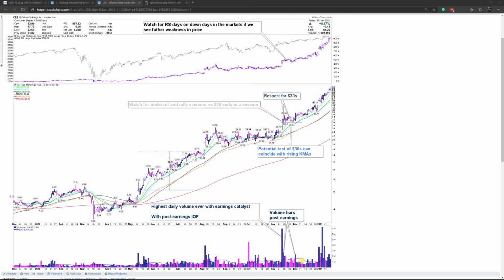The other thing I want to take note of from a price volume perspective here is that as price is consolidating, volume on the name dries up. That's one thing you want to spot.